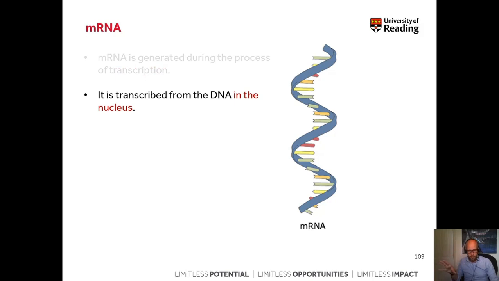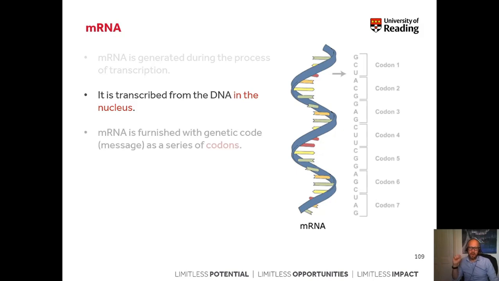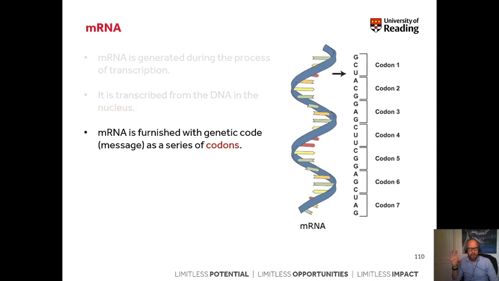As I mentioned before, what you need to know for now is that it is transcribed from the DNA within the nucleus. And the mRNA is furnished with the genetic code, the message, as a series of codons, where each triplet, every three bases, represents one codon.